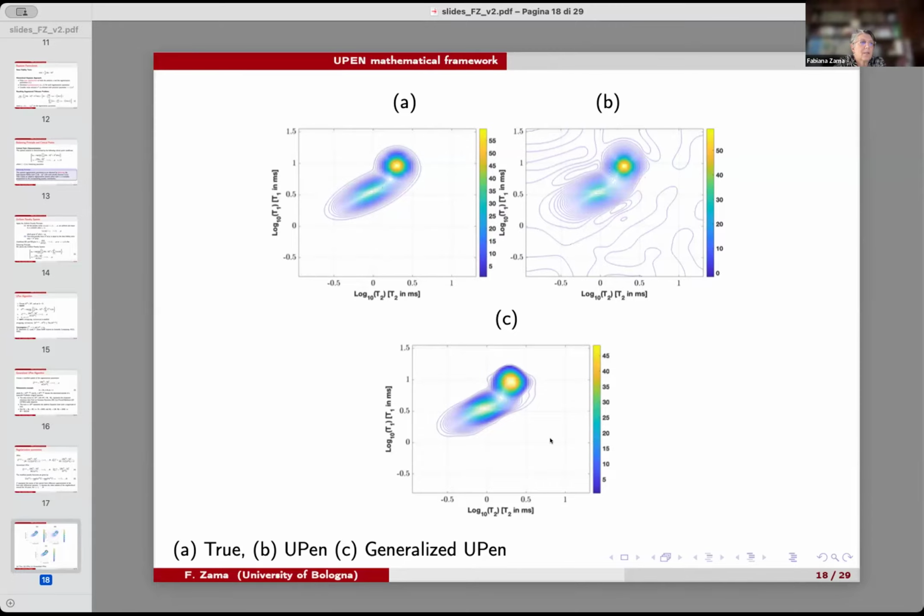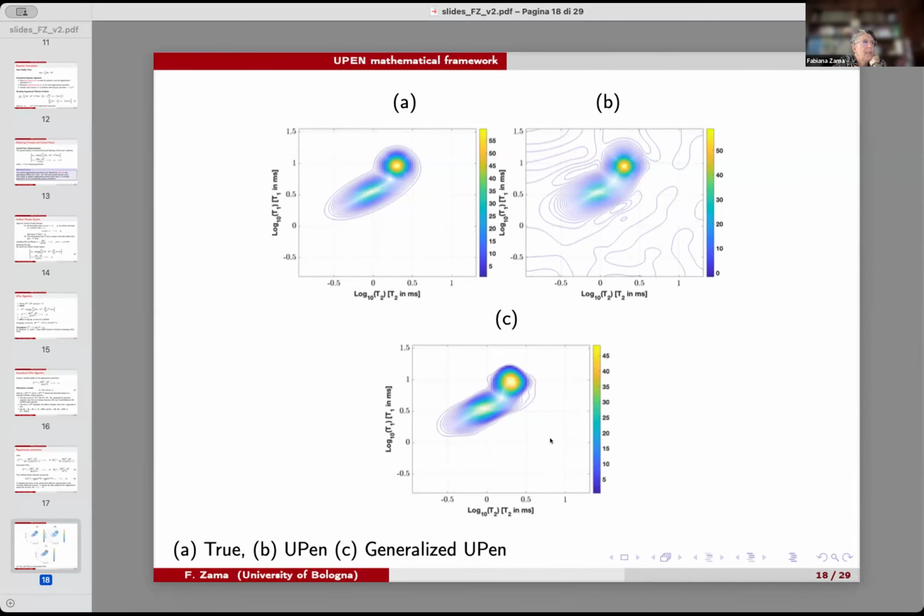This is how we can tailor and balance these terms. So now this is for the convergence of our algorithm, of our UPenn principle.